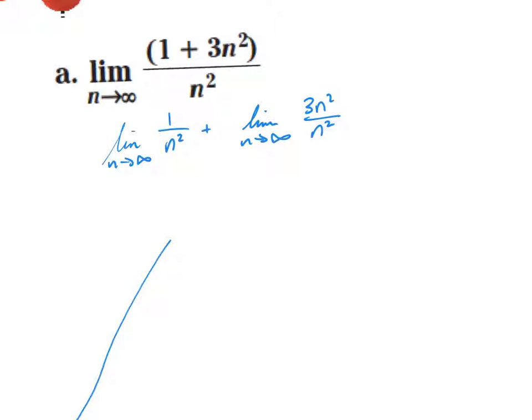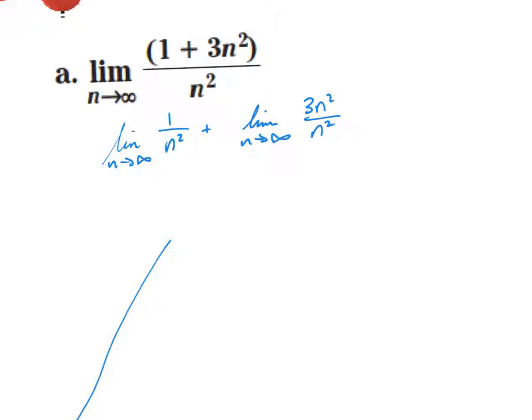So if you're looking at that first one, you have 1 over a huge number. What's 1 over a huge number? If you had 1 over 100, that's 0.01. If I have 1 over a million, it's going to be 0.000001. So it's tending towards 0. Do you understand that?